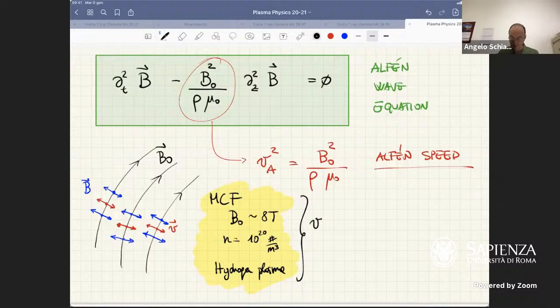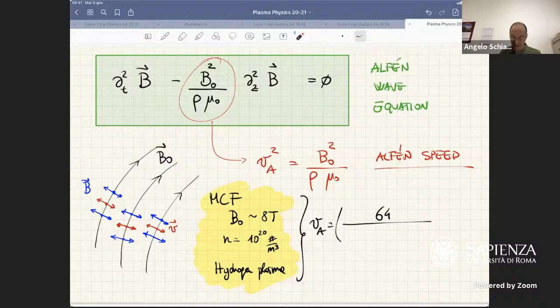So we have to take the square root of B squared. On top we have 64 Tesla squared. Then at the denominator we have the bulk density of the fluid. So we have hydrogen plasma. You might remember that the bulk of the density goes into the ion mass.